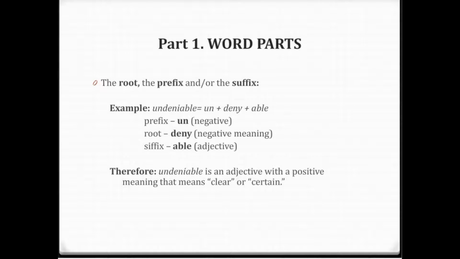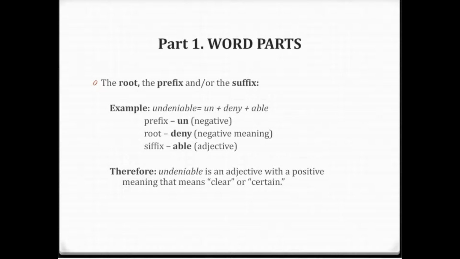Well, the first part is the prefix, and it's prefix un. And most of you know that this prefix has a negative meaning. Then we move on, and we probably recognize the word deny, which is the root in this word. And the word deny itself also has a negative meaning. So negative plus negative gives us a positive meaning.